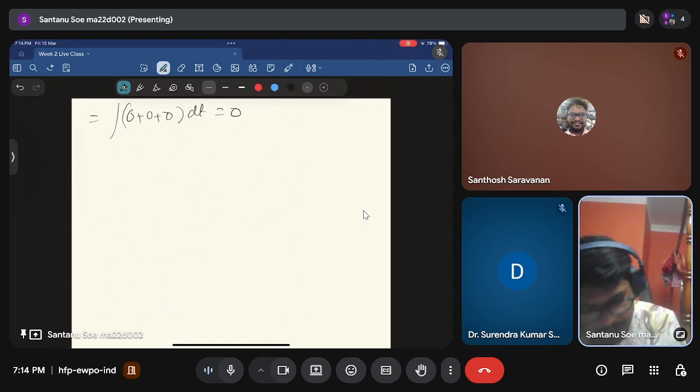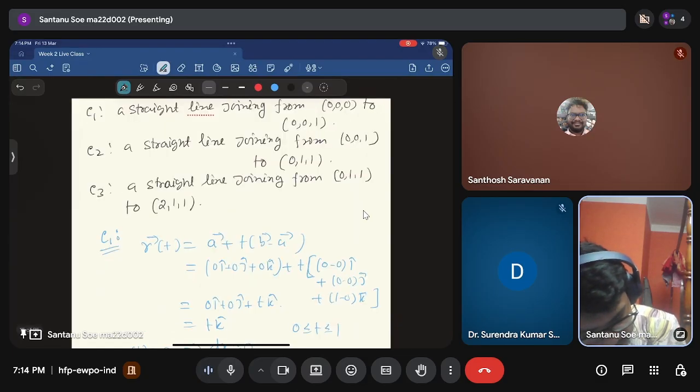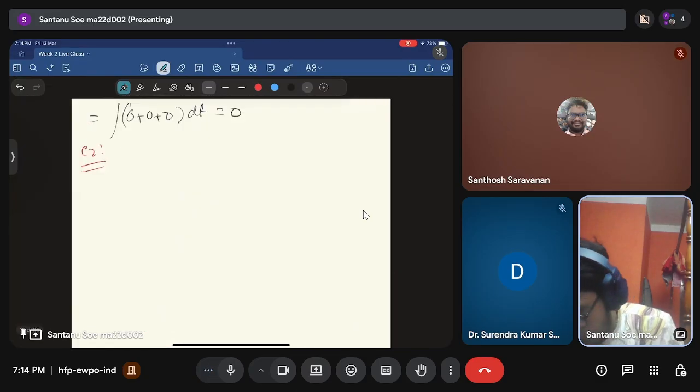Okay, now again along the path C2, the path was from 0 0 1 to 0 1 1.